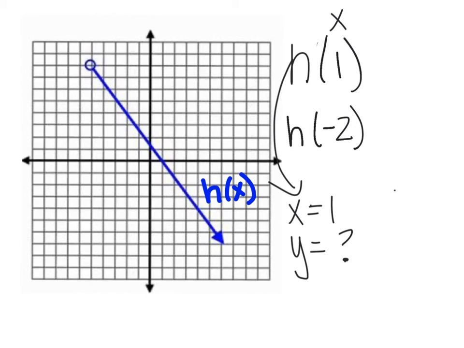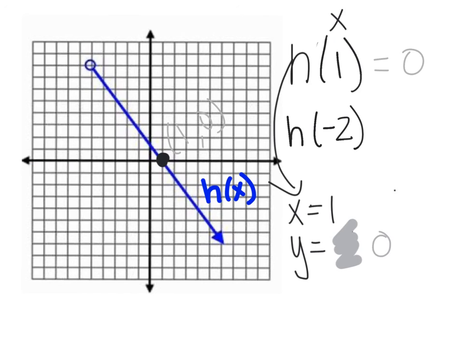Well, there's my point. It's actually the point on the x-axis. So the y value for that point is 0. So my answer to this problem is 0, because this is the ordered pair 1, 0.